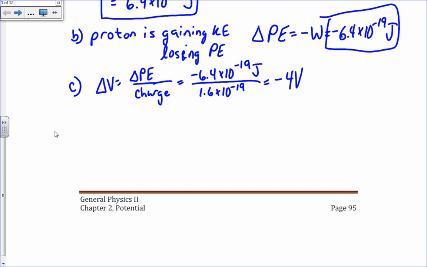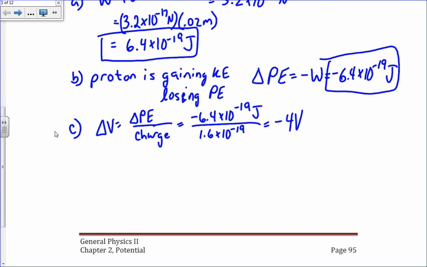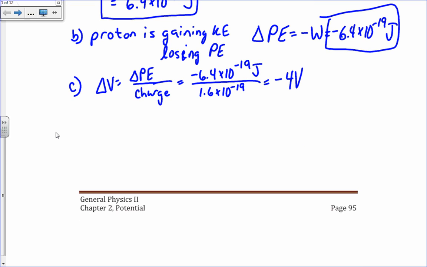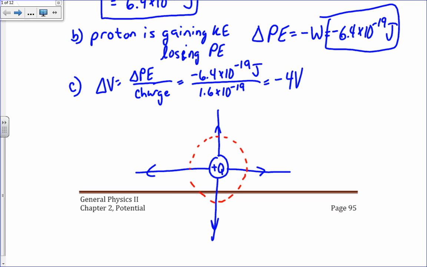You might want to think about it more in this way. Instead of looking at these parallel electric field lines, let's think about it in this way. Let's say I have some positive charge here, and I have these field lines that come out from it, and then I can draw my equal potential lines here and here.